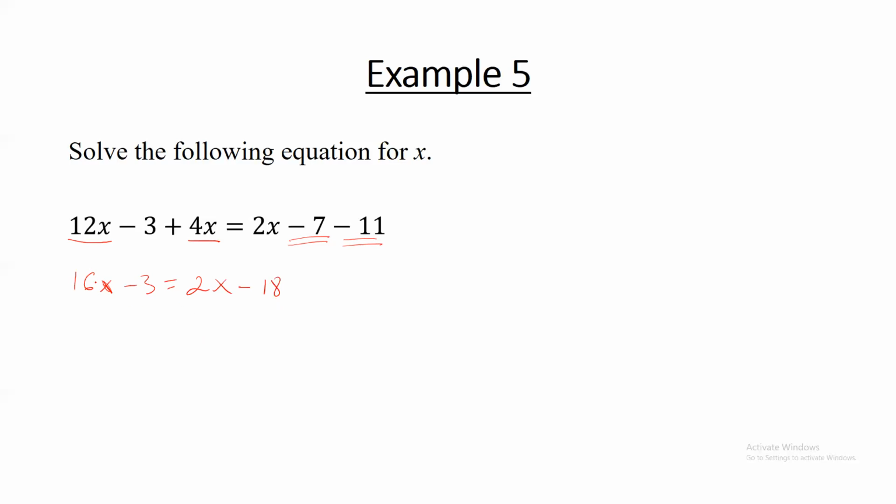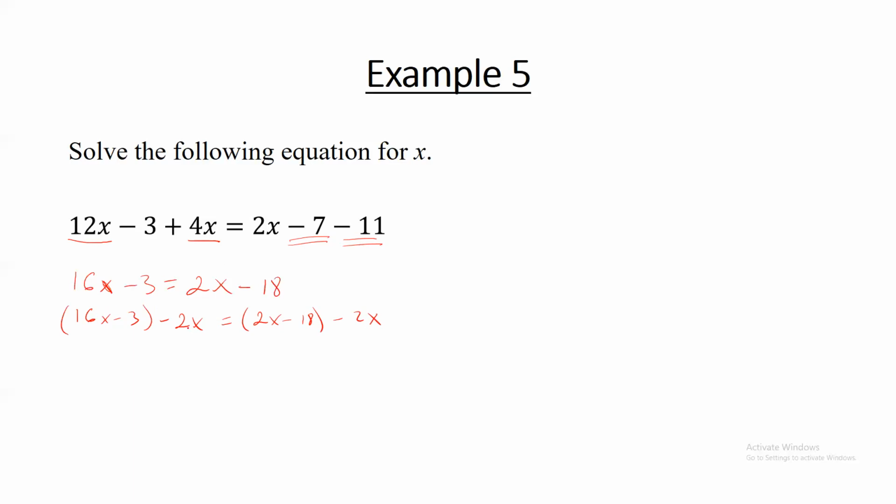We have x's on both sides of the equation. We could get rid of the 2x here by just subtracting 2x from both sides. So 16x minus 3 was the left side. We will subtract 2x equals 2x minus 18, and we will subtract the 2x from the right side.